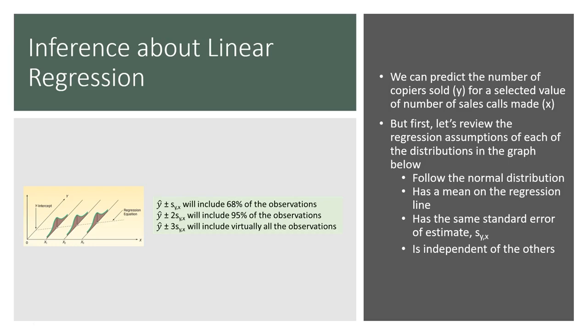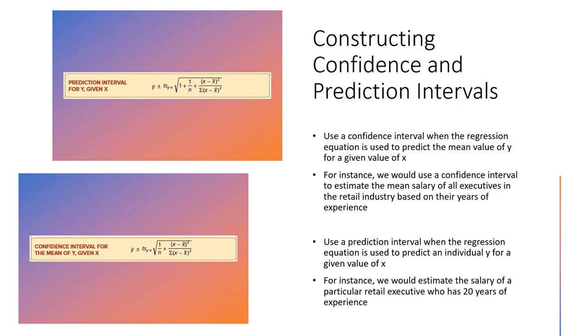When we're constructing our confidence intervals and prediction intervals, you're going to use a confidence interval when the regression equation is used to predict the mean value of y for a given value of x. We can have two different predictions made for a selected value of an independent variable: a confidence interval and a prediction interval.